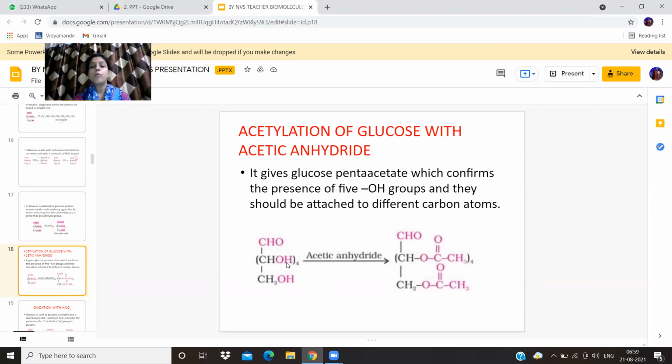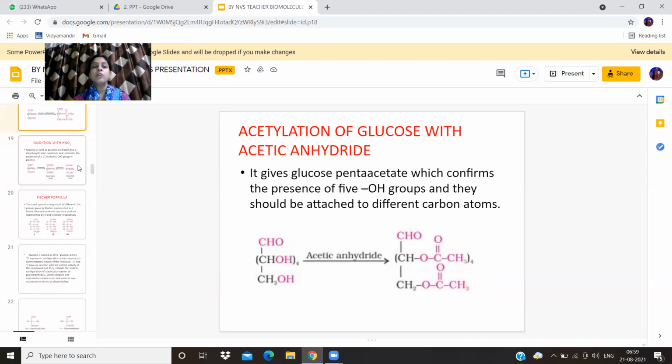So here 4 hydroxyl groups are present, so those hydroxyls are converted into OCOCH3, या हम CH3COO कह दें, and the last OH is also converted into CH3COO. Fine बच्चे, so that shows the presence of 5 hydroxyl groups.